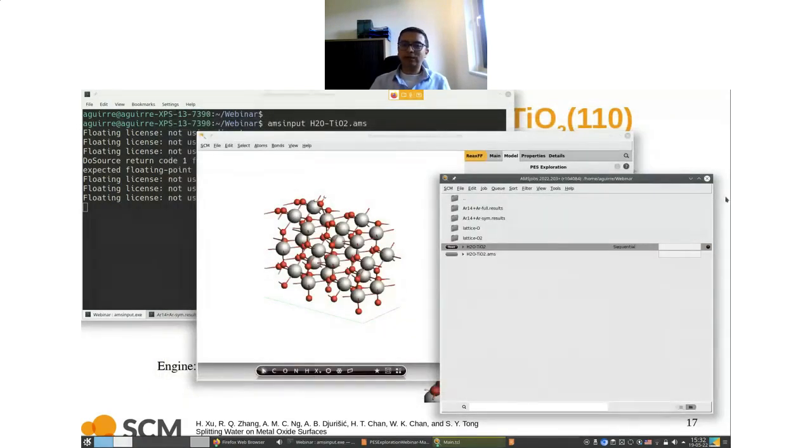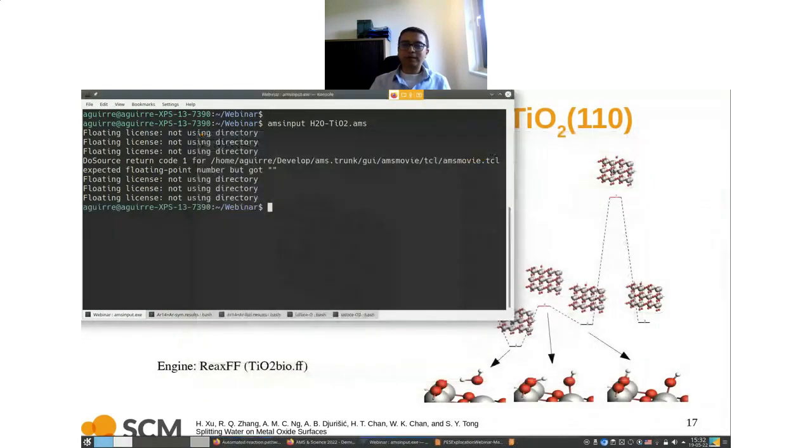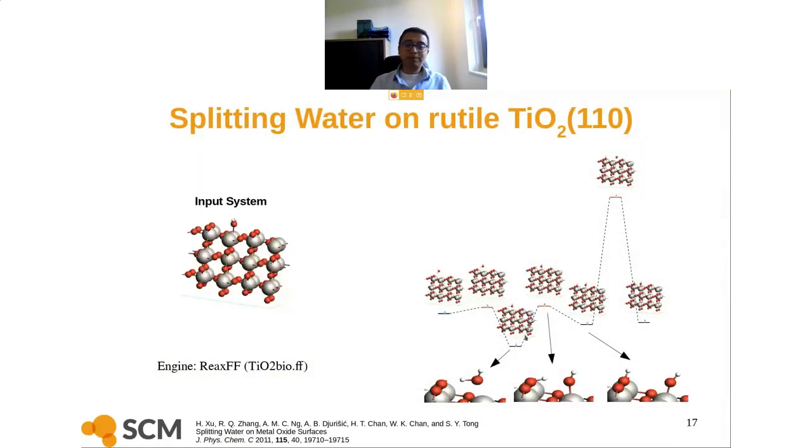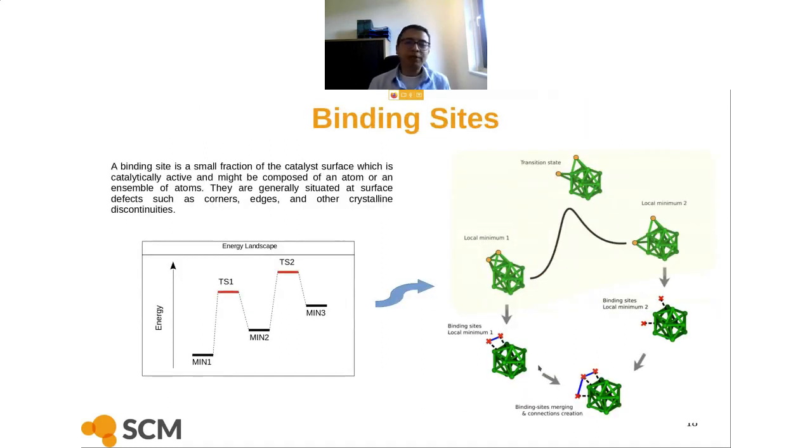Okay, that was that example. And this is the summary, where you can get the splitting of the water. So another property that we have in AMS-EON is the possibility to calculate the binding sites. So from a complete energy landscape, we can use that information to create the binding sites lattice. So for example, consider this example where this cluster is argon 13, and these are two additional argon atoms.